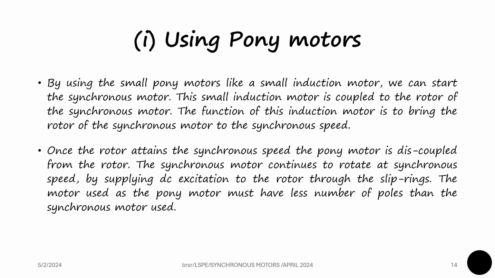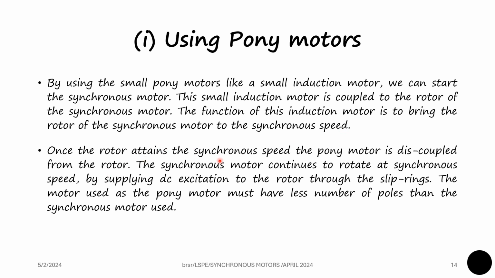One of the methods used for starting the synchronous motors is using pony motors. By using small pony motors like small induction motors, we can start the synchronous motor. This small induction motor is coupled to the rotor of the synchronous motor. The function of this induction motor is to bring the rotor of the synchronous motor to the synchronous speed.